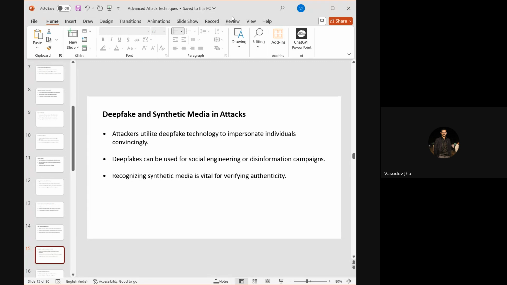Synthetic media, basically what we are doing. Whenever you have any kind of authentication system through biometrics or through face or through anything, the system is treating that as media. So with the help of this technology, we can bypass them.